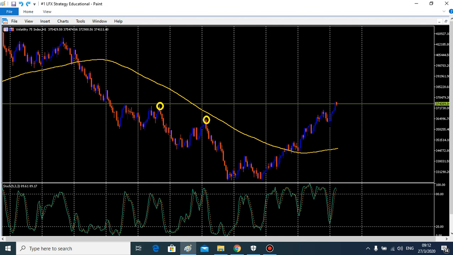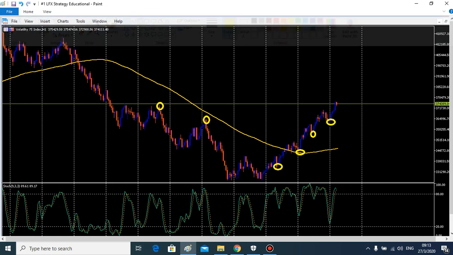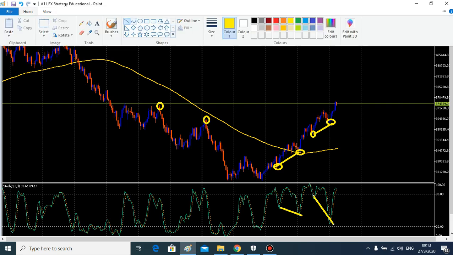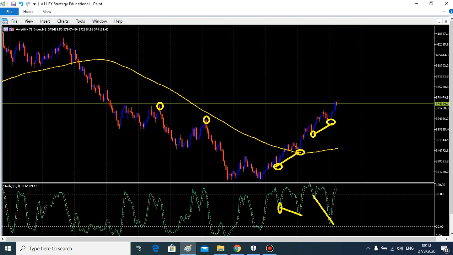Then in a bullish setup, like for example, in this scenario, you look for throws. This is how you trade it. There you are. I'm sure this is an eye-opener for you guys.